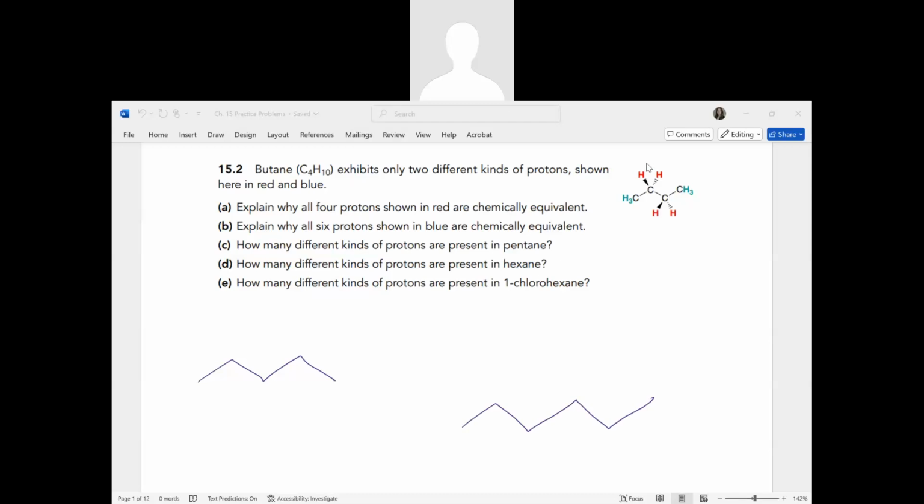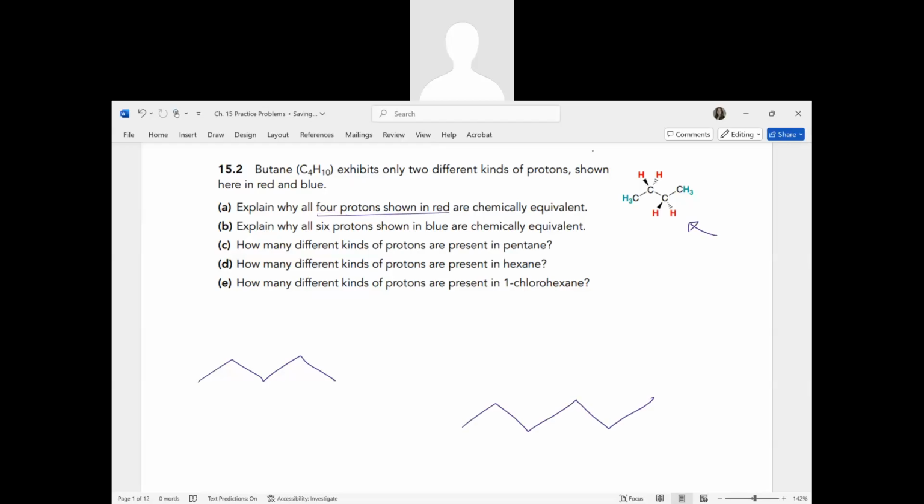For problem 2 from chapter 15, we're told that butane, the structure shown here, exhibits only two different types of protons, and we see these shown in red and blue. So we're asked in part A to explain why all four protons shown in red are chemically equivalent.